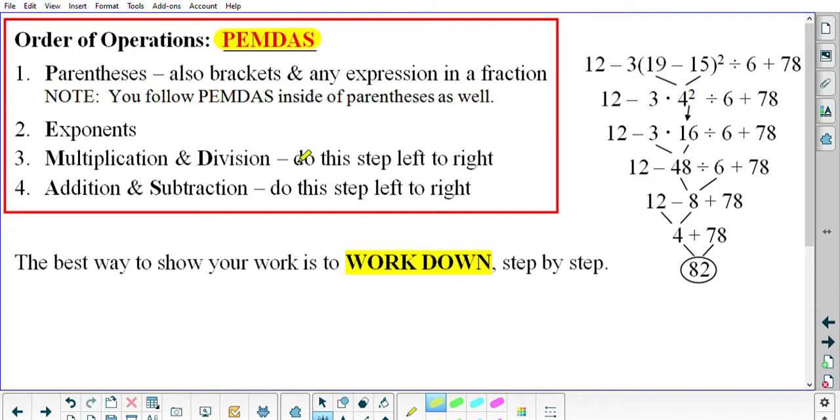The answer is not necessarily. You're going to do that step going left to right, and we'll look at that in some of the examples of these guided notes. Same thing with addition and subtraction. If you think you're always going to add before you subtract, that is not necessarily true. You're going to do this step going left to right.